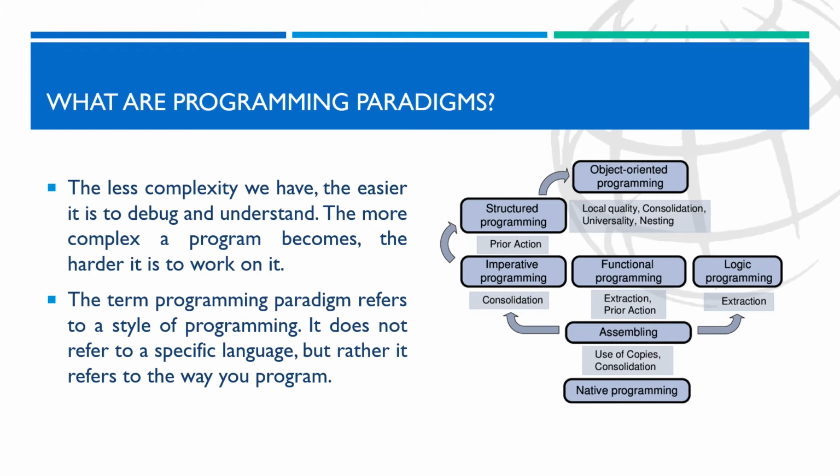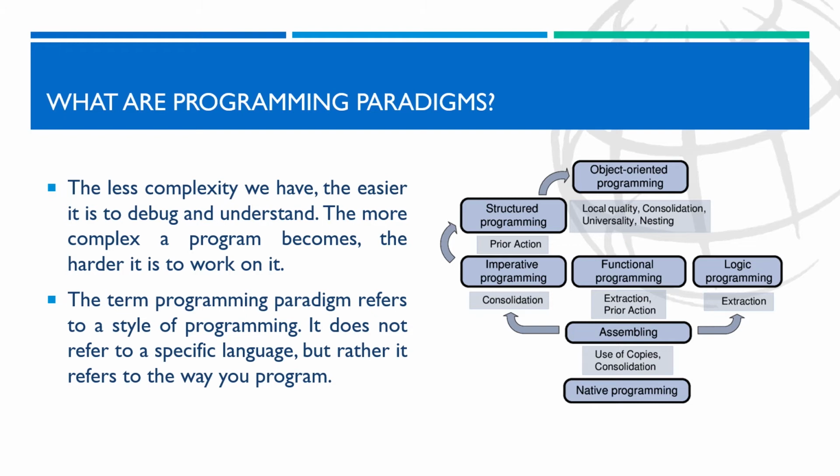So how do programmers deal with complexity? There are many general approaches that reduce complexity in a program or make it more manageable. One of the main approaches is a programming paradigm. The term programming paradigm refers to a style of programming.